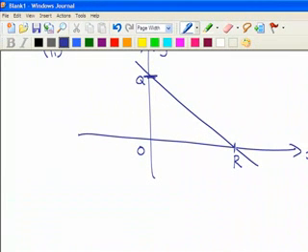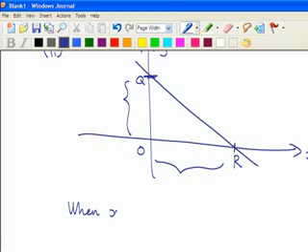Then we will just use the very basic formula for the area of the triangle: half times base times height. Okay, so how do I get the marking? Well, that marking is just the x and y intercept of the equation of the tangent. So, when x equals 0, this is to find out what the marking for Q is.